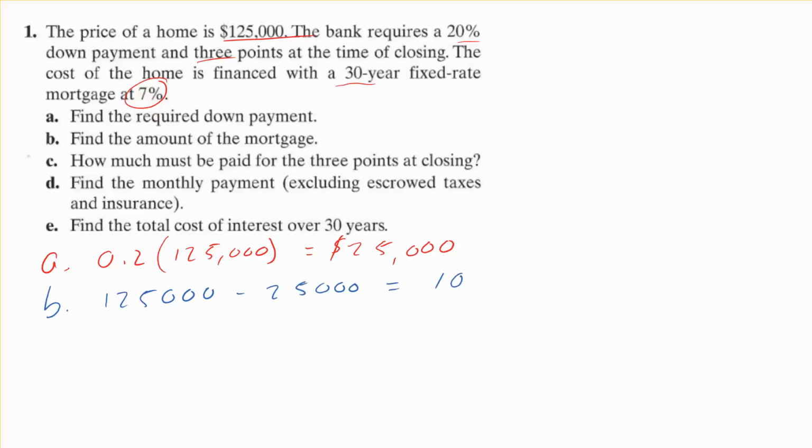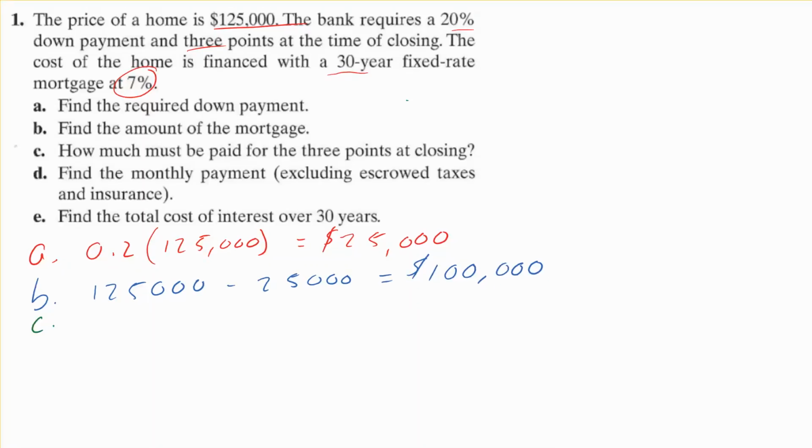We're going to mortgage or borrow $100,000. And then C, how much must be paid for the 3 points? And that was 0.03 times our 100,000, and that should be $3,000 due at closing.